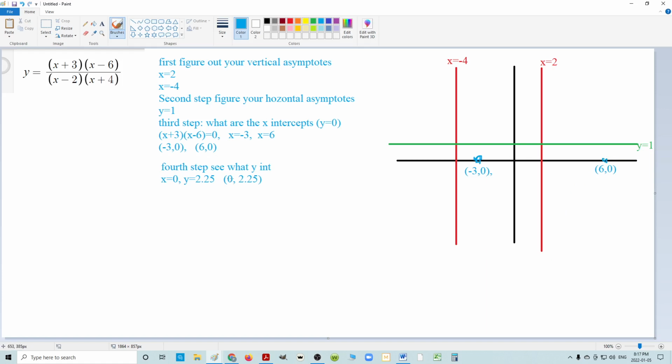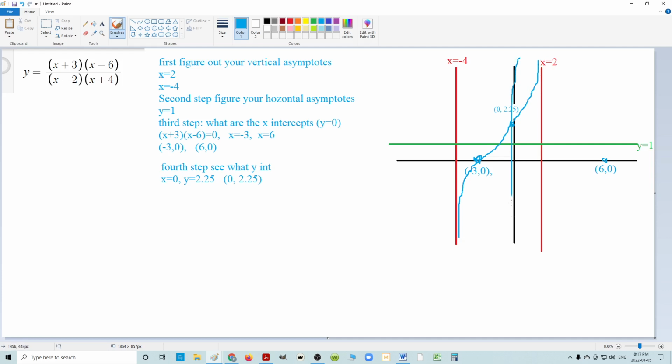Now, here's the other spot that helps a lot. The y-intercept, 0 at 2.25. Now, I know this line is y is equal to 1. So I know that dot is above here at 2.25, which probably means, because I have only 3 sections, that almost automatically tells me the graph is going to look like this.